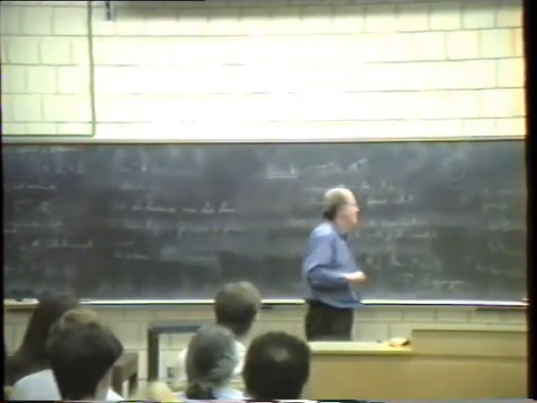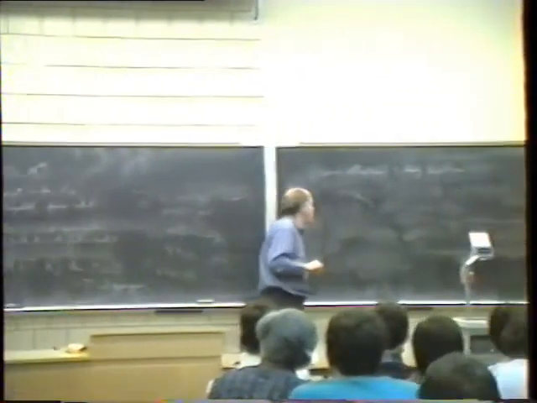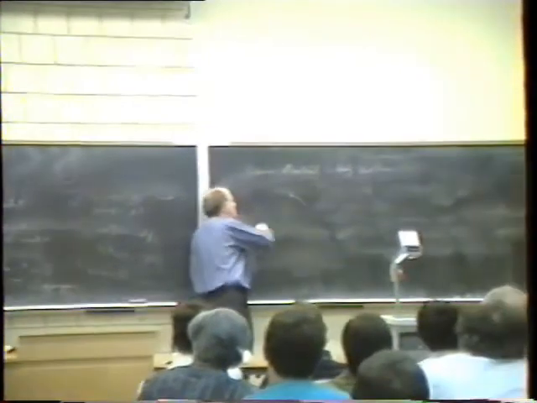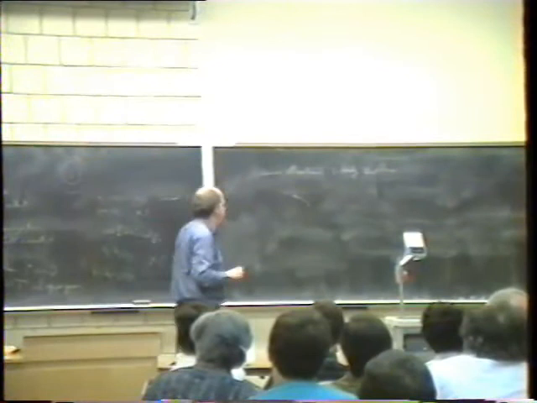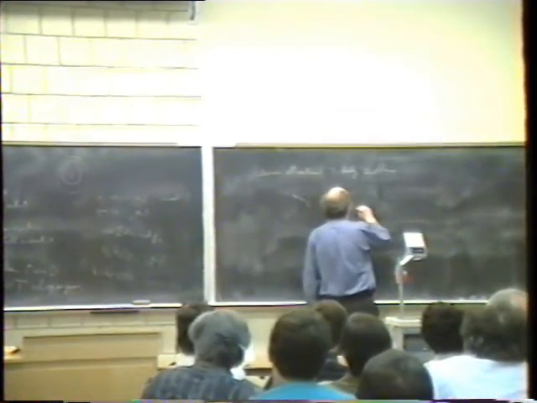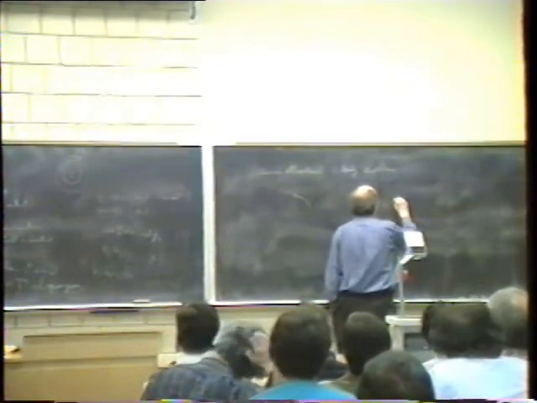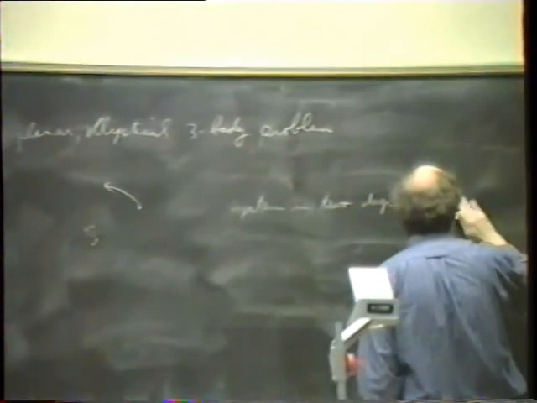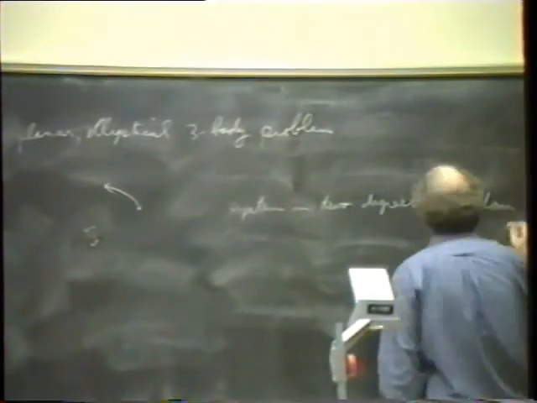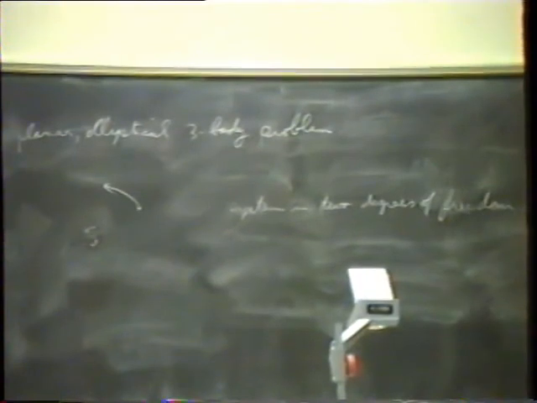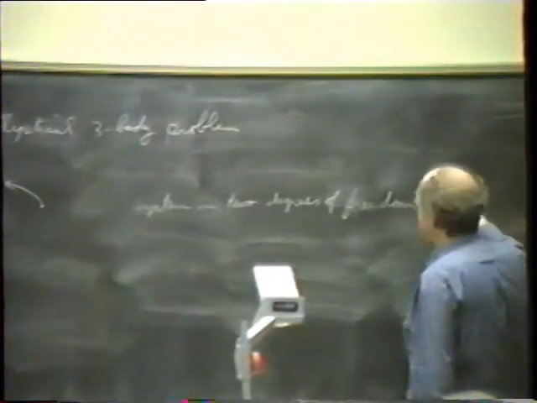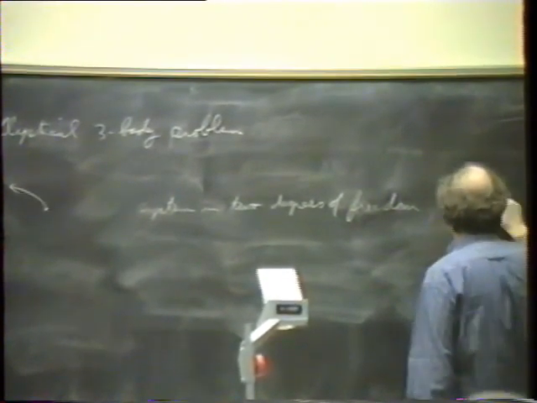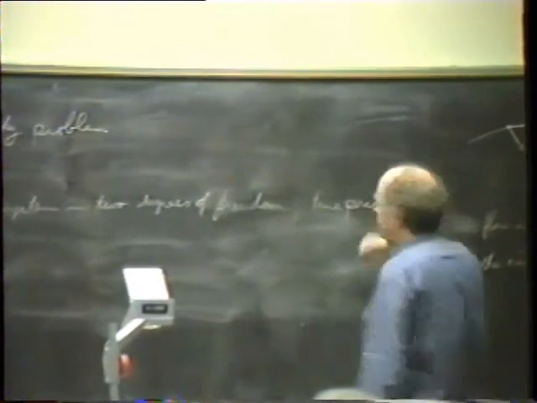In this case, as far as anyone knows, there's no analog of the rotating coordinate system which would reduce it to a time-independent system. So now you have a system in 2 degrees of freedom, but time periodic. Not time independent anymore, but time periodic.